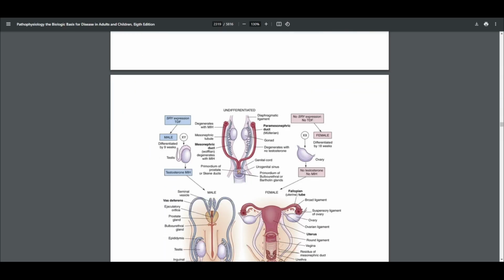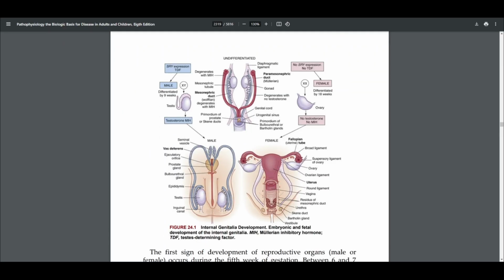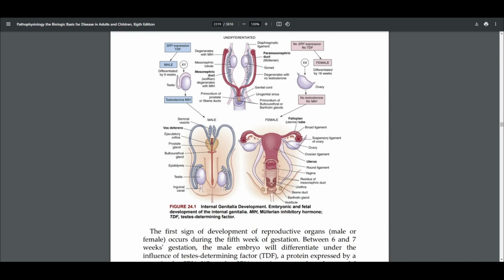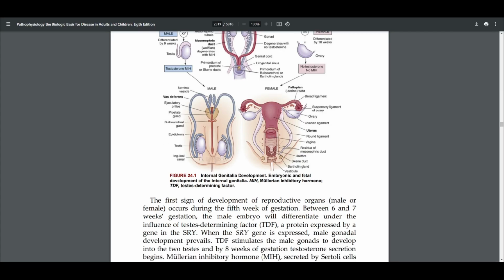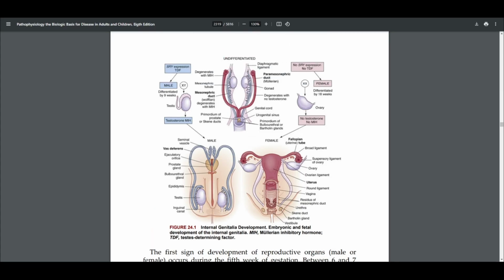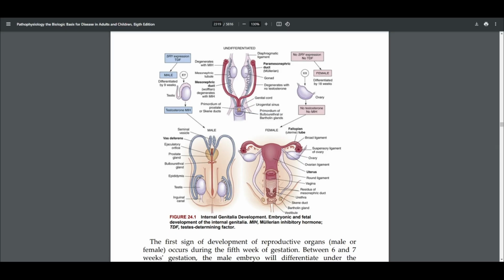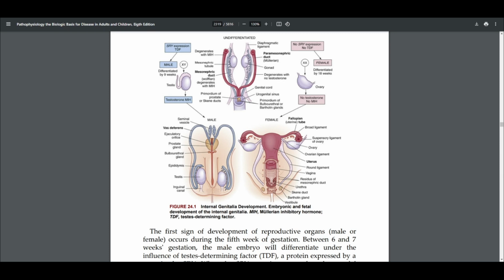So here is the undifferentiated, and then it differentiates into male and female. Internal genitalia development. Again, it's a good spot to hit pause if you are needing a refresher for your anatomy and physiology.